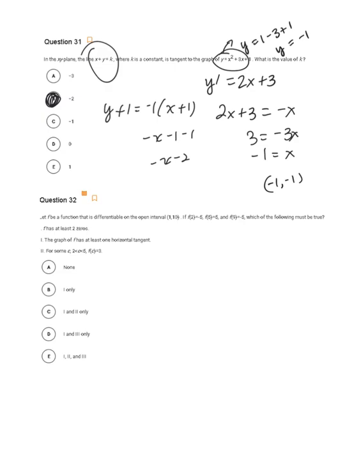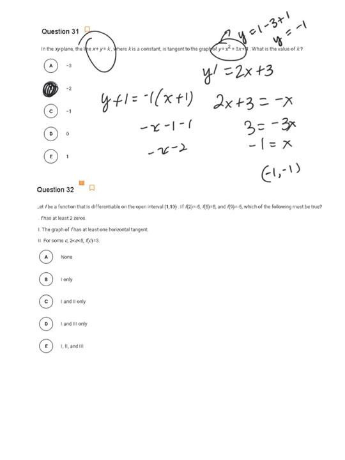So, all right, 32. I have some differentiable function. They give me all this information, and then they say, which of the following must be true? Some of this got cut off. If I have a differentiable function, it has to be continuous.